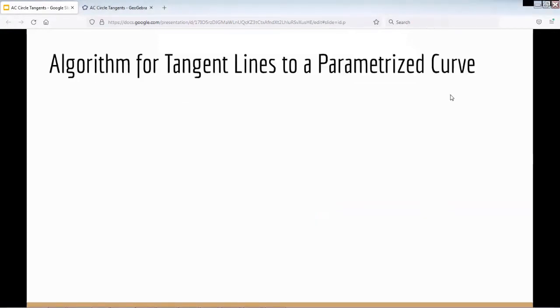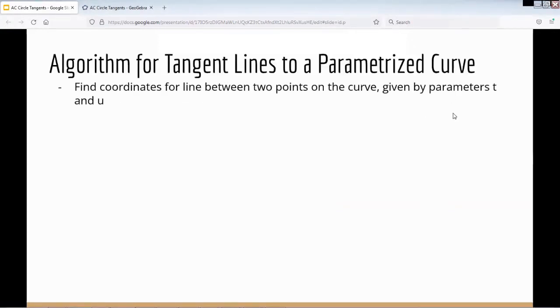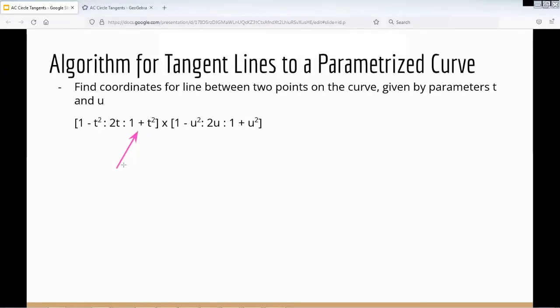So now we're ready to find some tangent lines. We start with two generalized points on the circle. Okay, so you can see I've converted that parameterization of the circle to projective coordinates, where the denominator has become the third term.